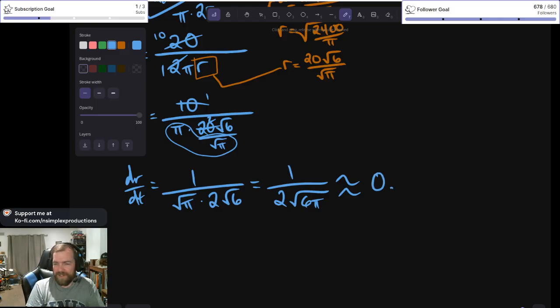All right, approximately 0.11516. Good enough. Meters per minute. So we're looking at 115 millimeters, right? Or, no, not 100.